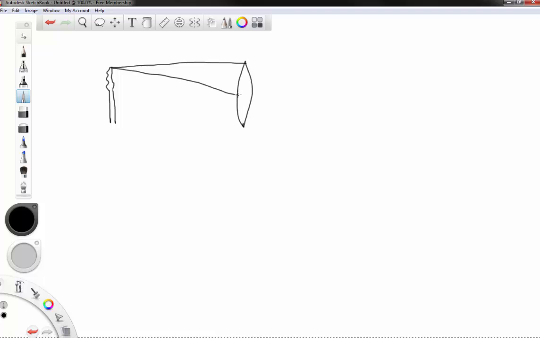So this line right here continues straight, because it goes through the principal axis. This one right here can do something like that, and lo and behold, you get an image of the object.